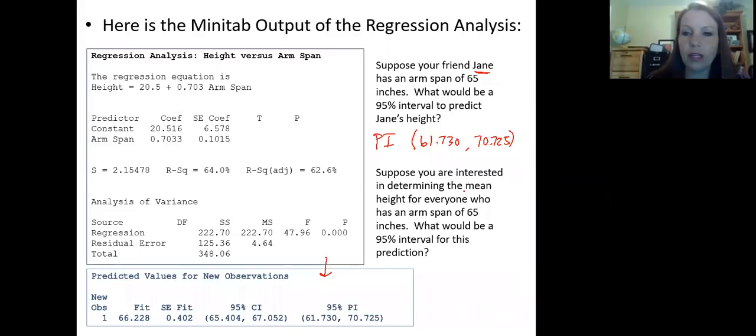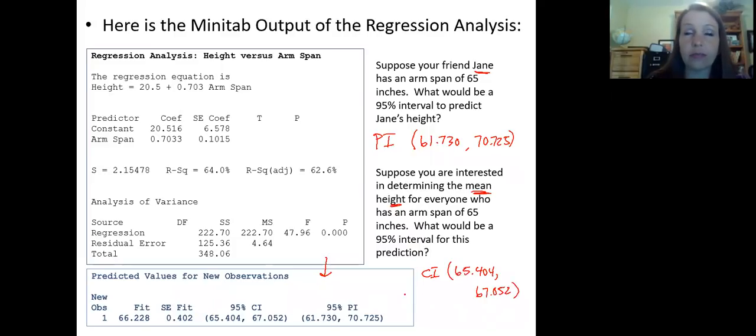For the second one, we want the mean height for everyone who has an arm span of 65 inches, so that's going to be a CI, the confidence interval. That goes from 65.404 to 67.052.